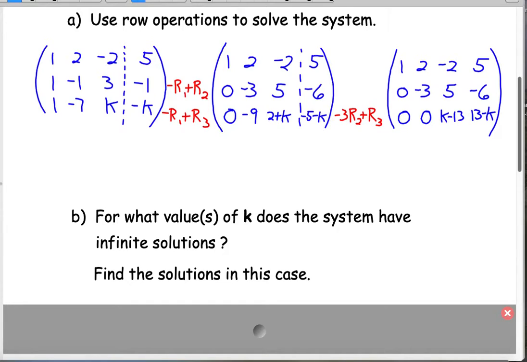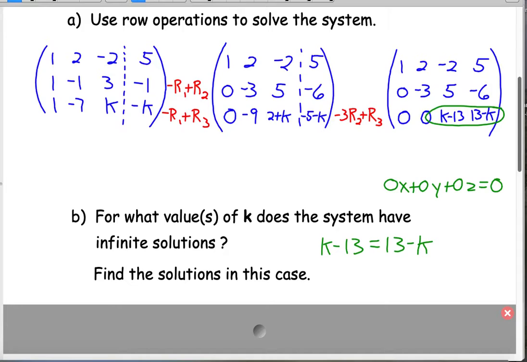So by now we've learned that if this last row is all zeros, which would mean if k minus 13 is equal to 13 minus k, then our last row, if I translate that back to a system, is going to read 0x plus 0y plus 0z equals 0. So basically 0 equals 0.